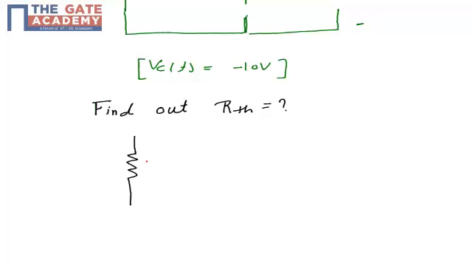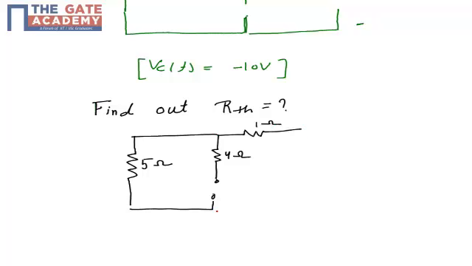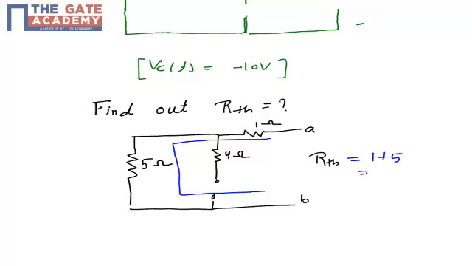So our circuit will be 5 ohm, this 4 ohm, so there is an open circuit, and this is 1 ohm. So we are finding the resistance RTH across the terminals A and B. My RTH will be the series combination of this 1 ohm and this 5 ohm resistor. So it will be 1 plus 5 equal to 6 ohm.